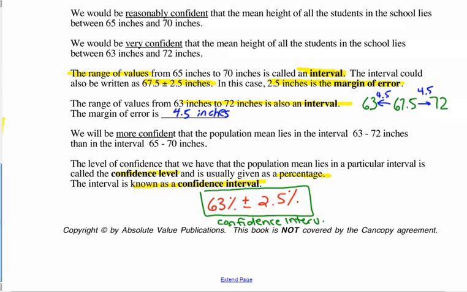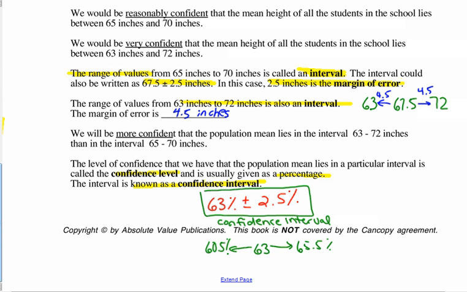We could also write it as the 2 values it lies between. So 63%, if I subtract 2.5%, I get 60.5%. And if I add 2.5%, that's going to give me 65.5%.